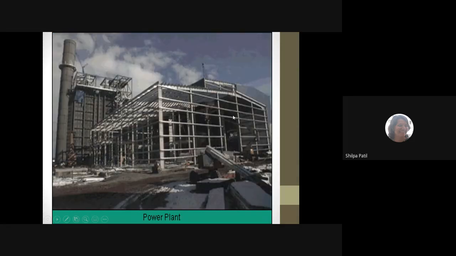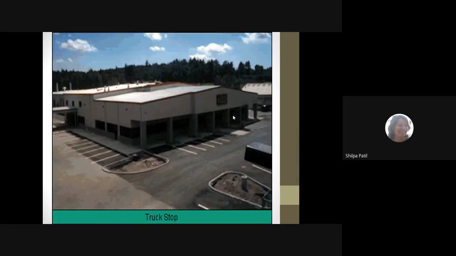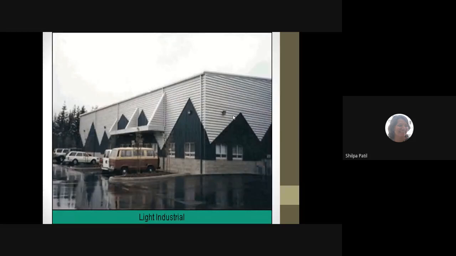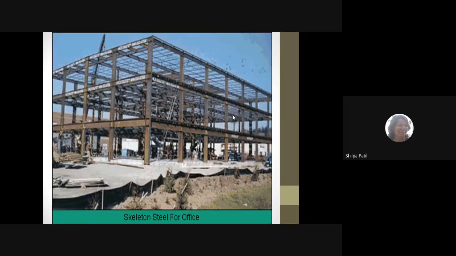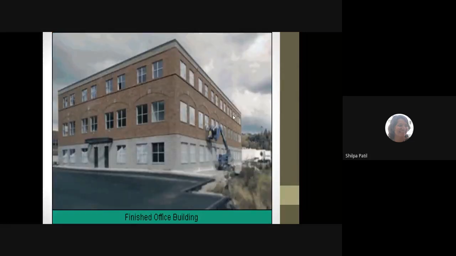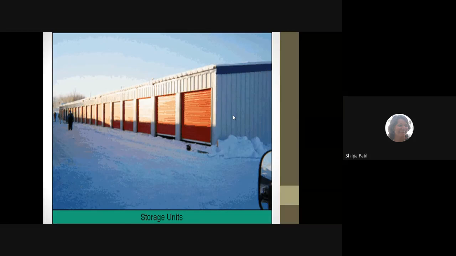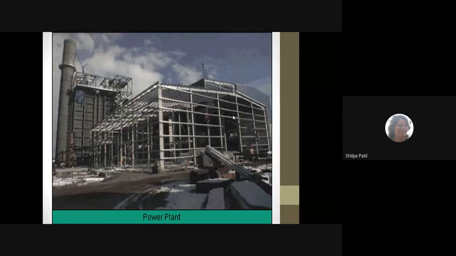So the steel sheets, or in Marathi we simply call it patra, steel che patre, these are used to cover the entire building. So different materials are used to cover or enclose the entire building, but the basic skeleton of a structure is made by making use of steel structural sections.